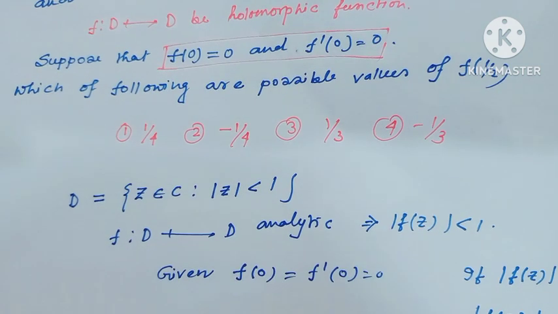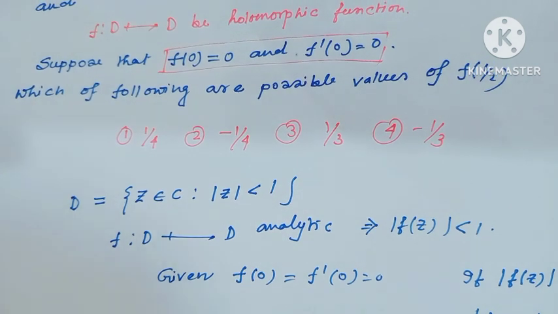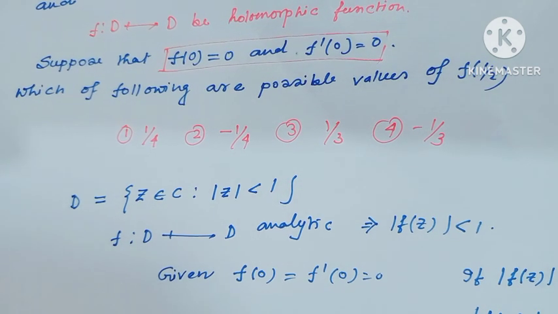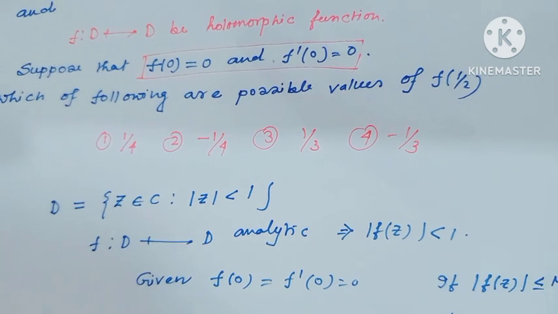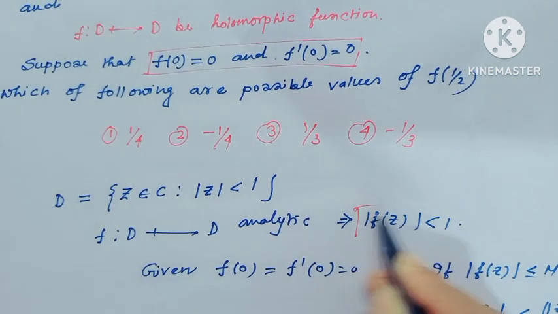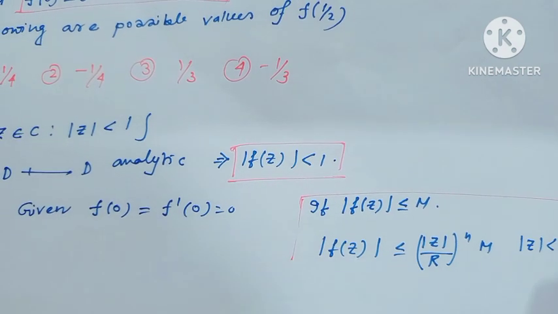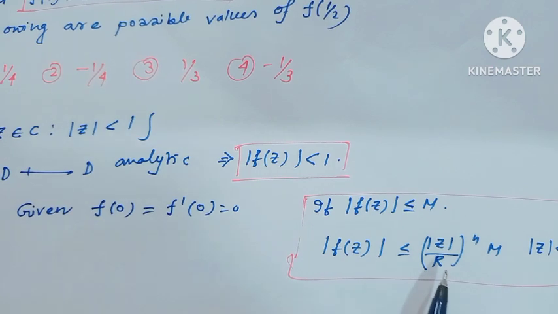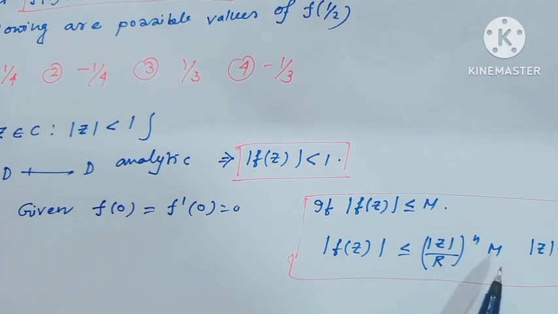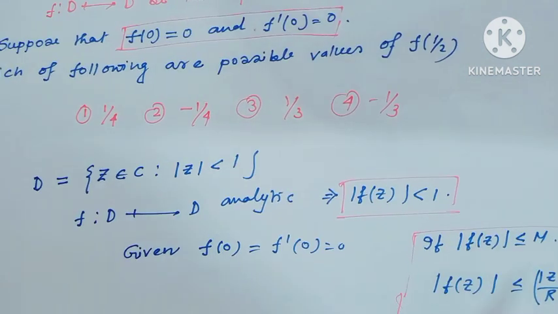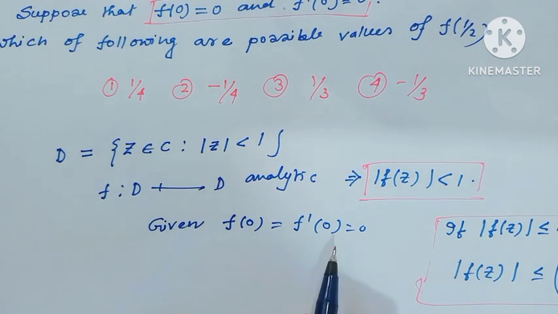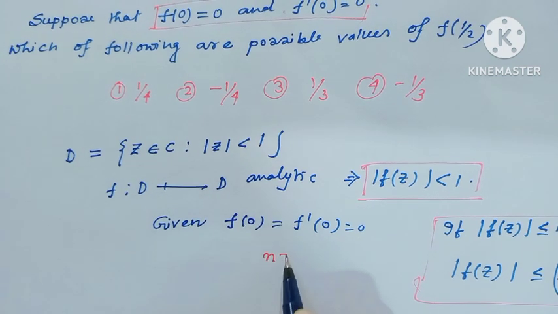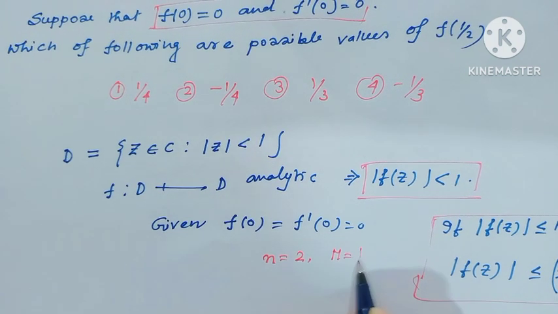Here D equals {z belonging to the complex numbers such that modulus of z is less than 1}, and the function is defined from D to D. Since f maps D to D, that obviously implies modulus of f(z) is less than 1, and given f(0) equals f'(0) equals 0, and the corollary of Schwarz lemma, if f(z) is less than or equal to M, then absolute value of f(z) is less than or equal to (absolute value of z over r)^n times M. Here, since f(0) equals f'(0) equals 0, that means n equals 2 and M equals 1.